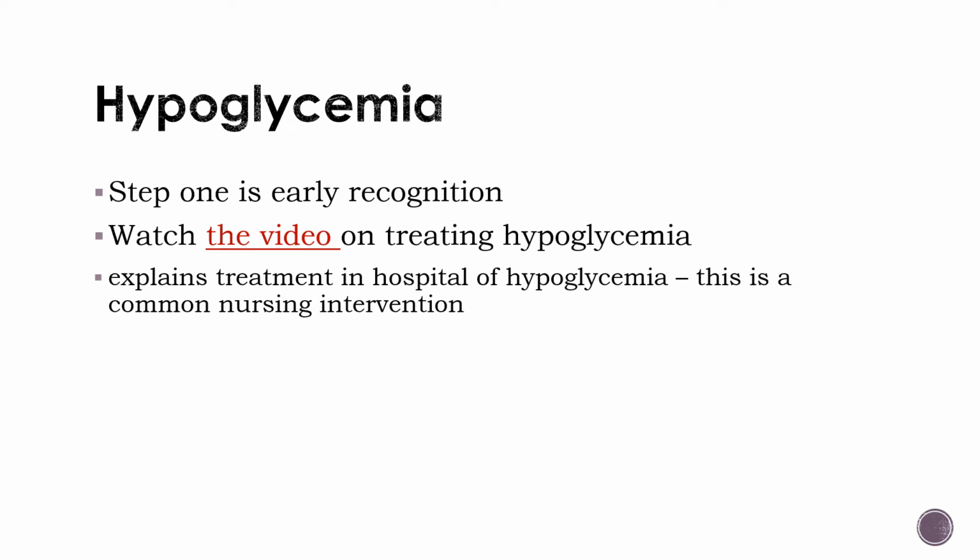Next is hypoglycemia. Step one in hypoglycemia is early recognition. Hypoglycemia is considered when blood glucose level is less than 4 millimoles per liter. Patients may or may not exhibit symptoms, but the early symptoms include headache, mood change, irritability.